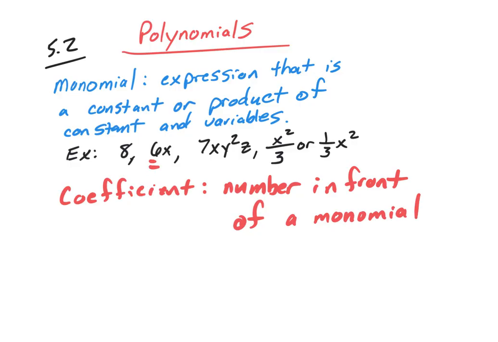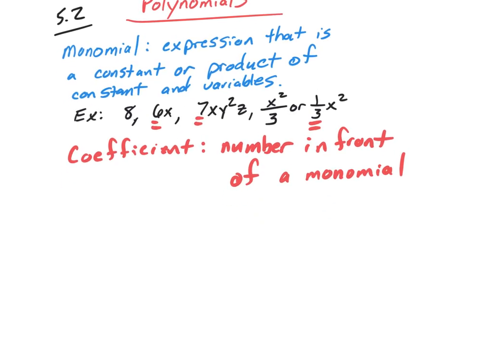So in this case, 6 is my coefficient. 7 is my coefficient. 1/3 is my coefficient. Those are all the coefficients of those terms. This one doesn't have a coefficient because there's no variable. We always say it's the number directly in front, and if we don't have a variable, we don't have anything in front.